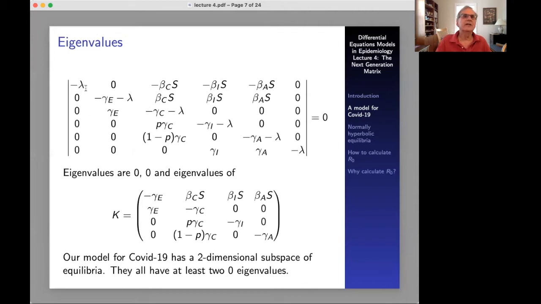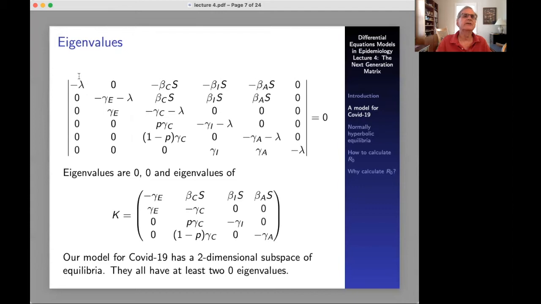We subtract lambda from each diagonal term in our 6x6 matrix, take the determinant, and set it equal to 0. Perhaps you remember something about evaluating determinants of big matrices. It often helps to expand by a row or a column. Here, I think I begin by expanding by the first column because of all those zeros.